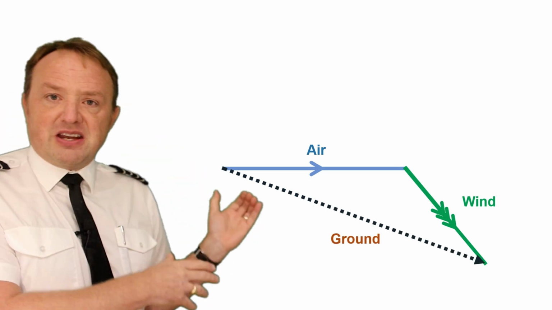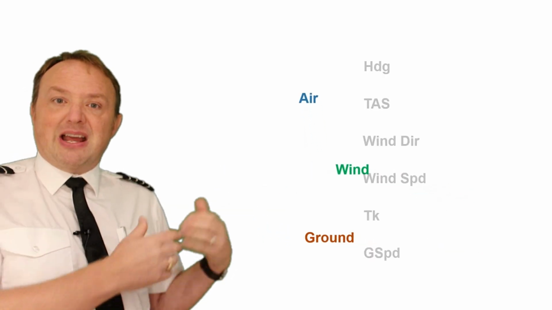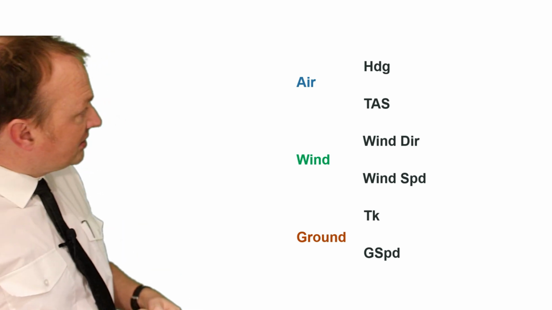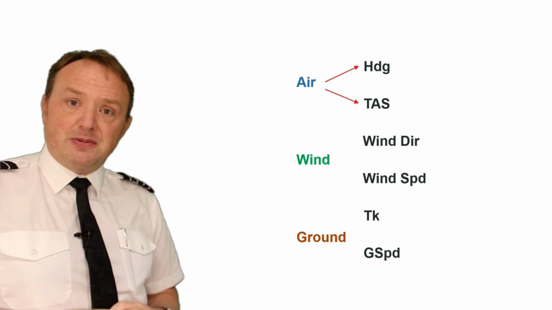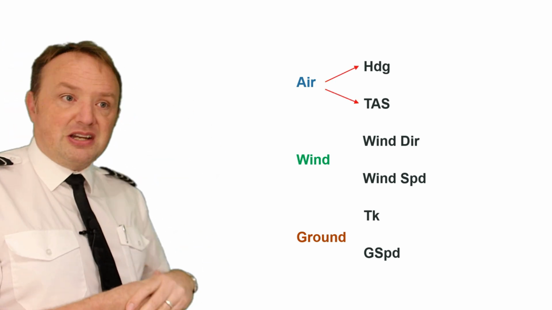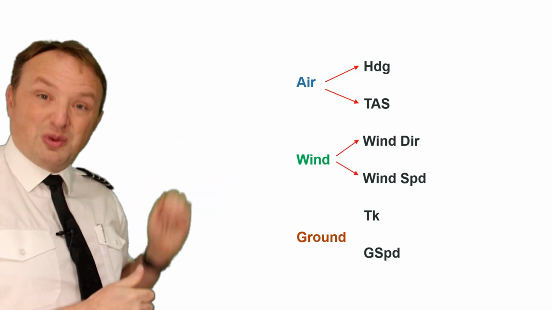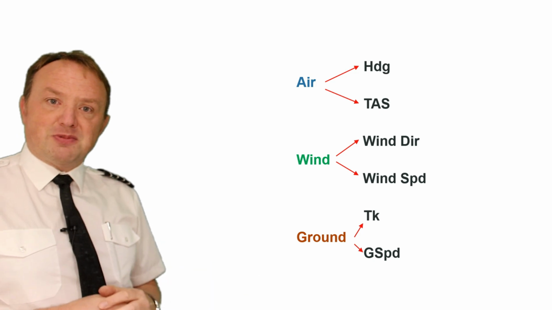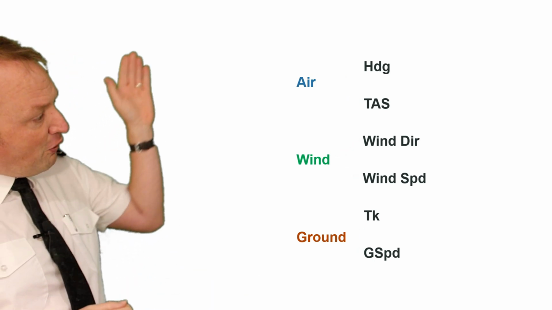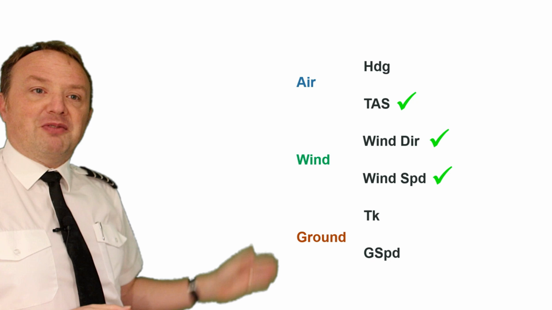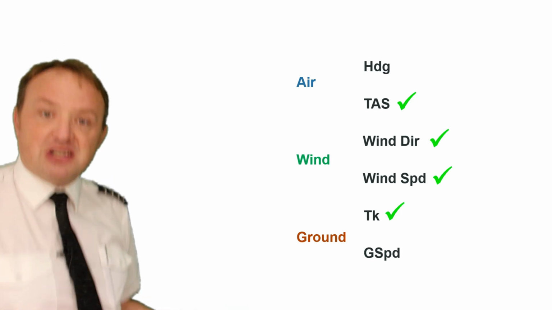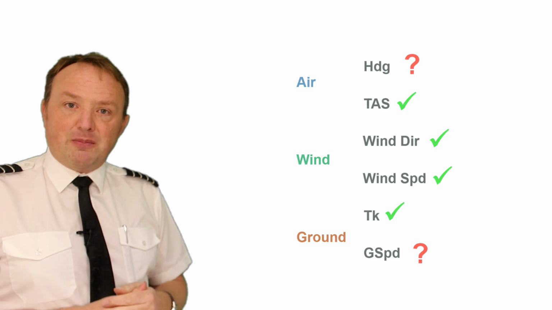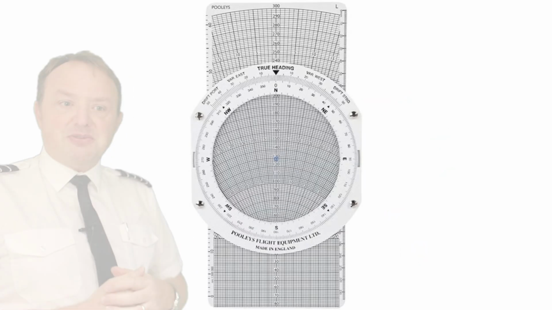Since each of these vectors consists of both magnitude and direction, we have 6 quantities. The air vector, which is heading and true airspeed, the wind velocity, which is wind direction and wind speed, and finally the ground vector, which is track and ground speed. If we know 4 out of these 6 quantities, we can calculate the other 2. And that's essentially what the CRP5 wind side allows us to do.